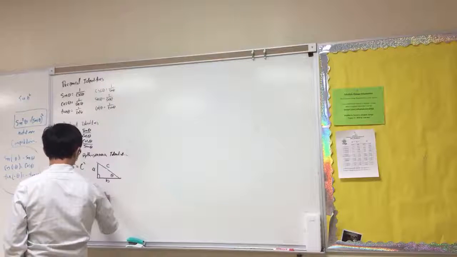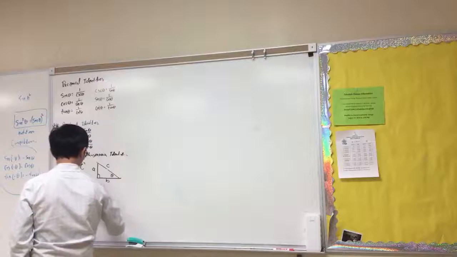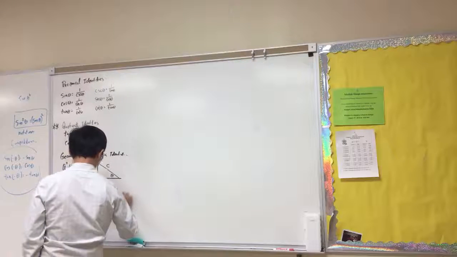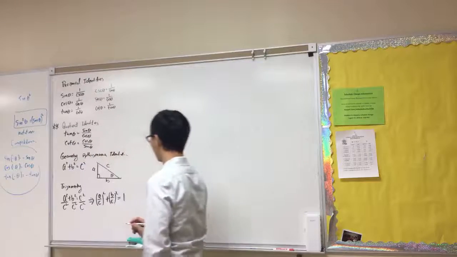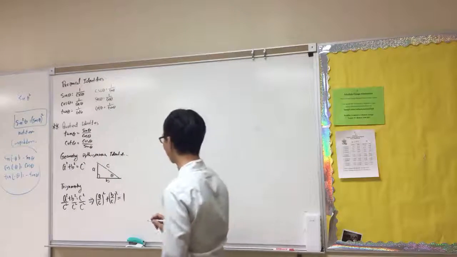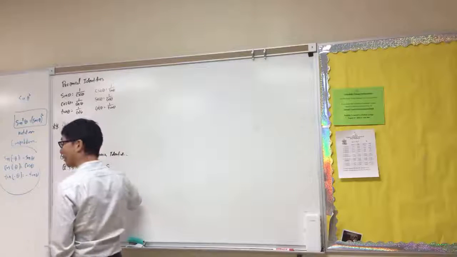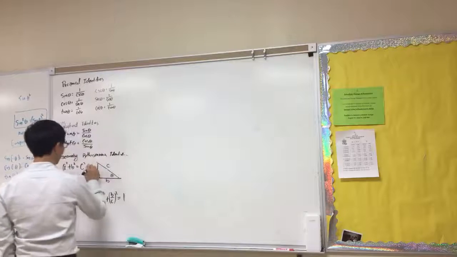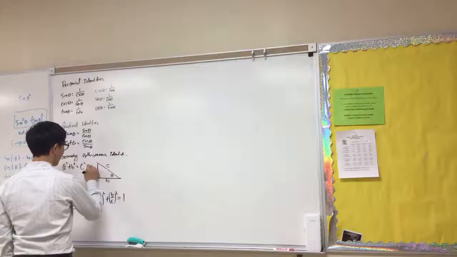So that's equal to A over C squared plus B over C squared is equal to 1. What is A over C? Well, we're going to name the sides. What is the A side called? Opposite. Good. So it's equal to opposite.